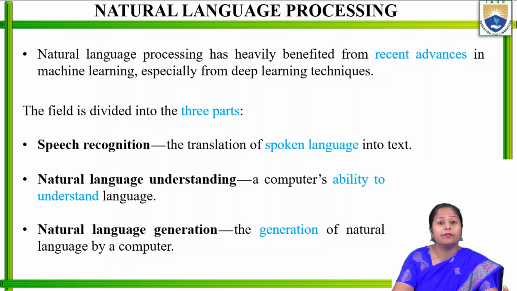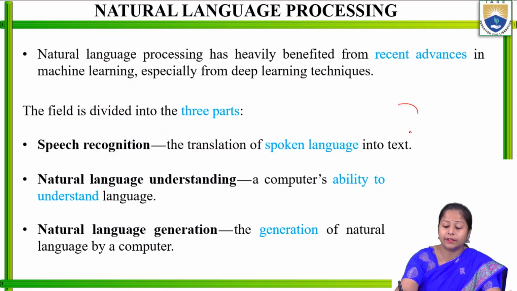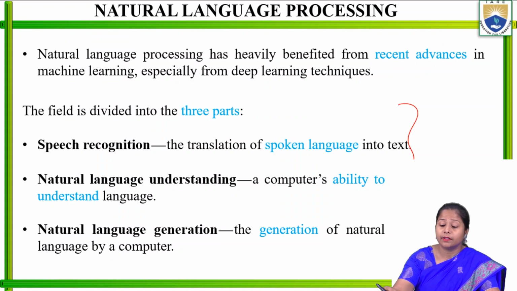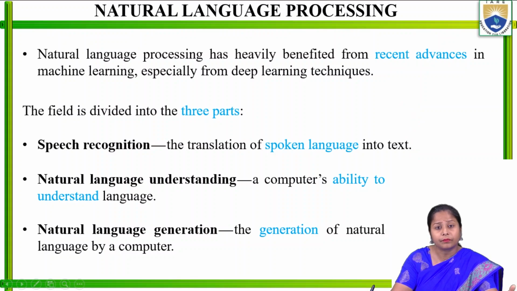And in the second, it will be generating the different human language translations. The third part is natural language generation. In that, the generation of natural language, how it will be interpreted by computers, is carried out. So these are the three important parts on which NLP is widely based.